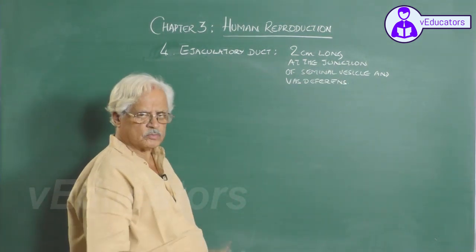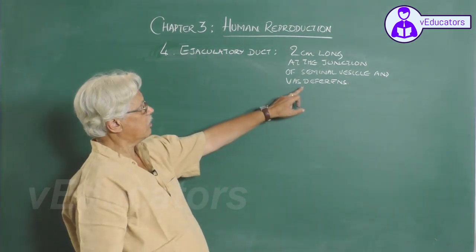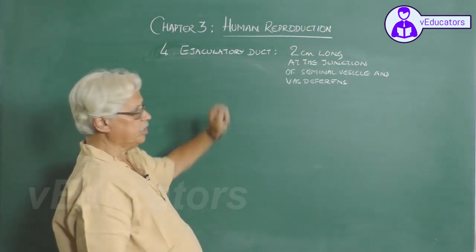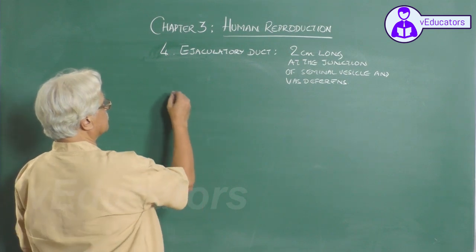The sperms from seminal vesicle are passed out through the ejaculatory duct.